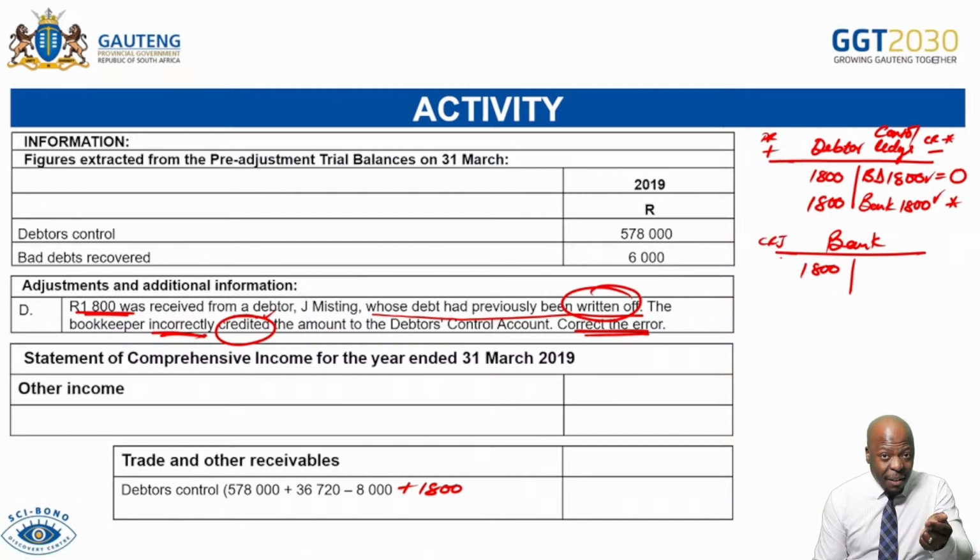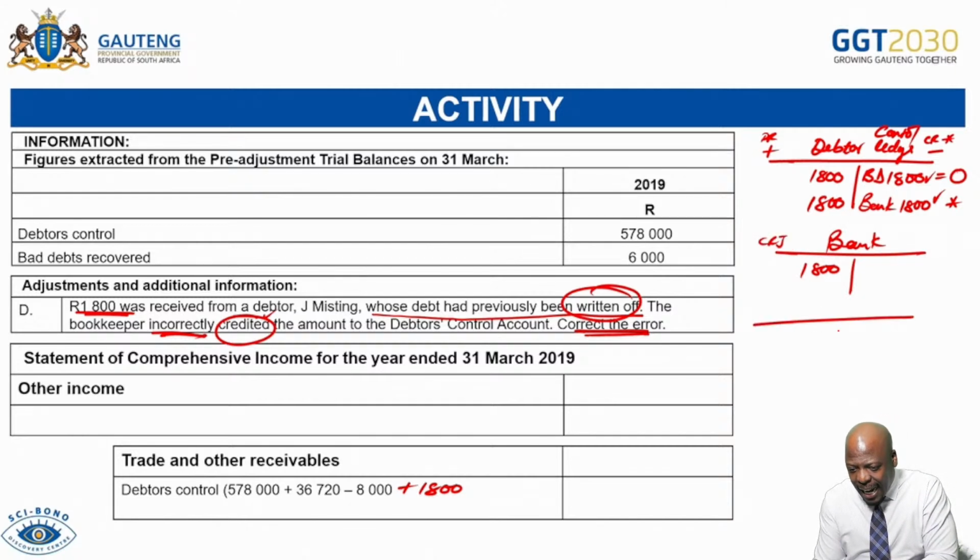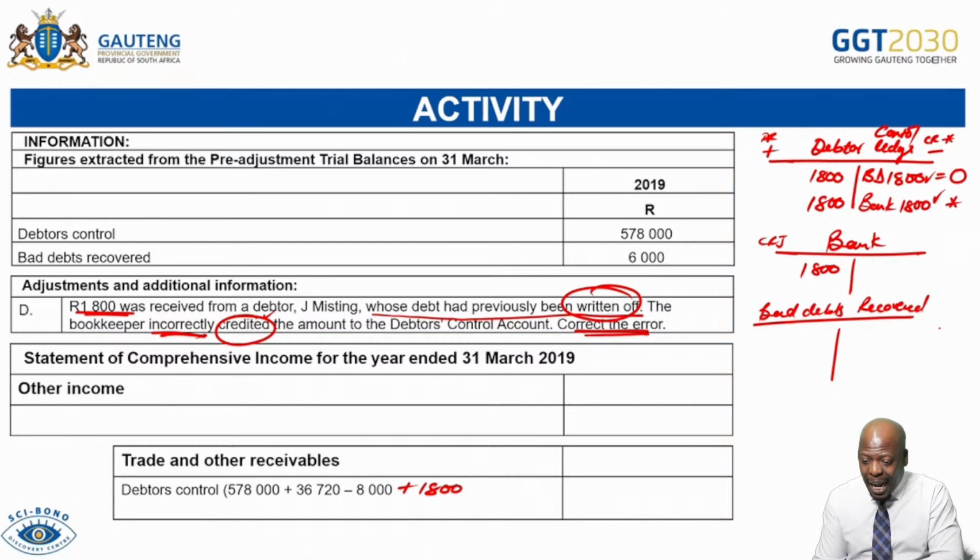CRJ, we're receiving. And then the second account that this bookkeeper was supposed to record is what we call bad debts recovered. Bad debts recovered is an income account. So we're supposed to credit that 1.8.